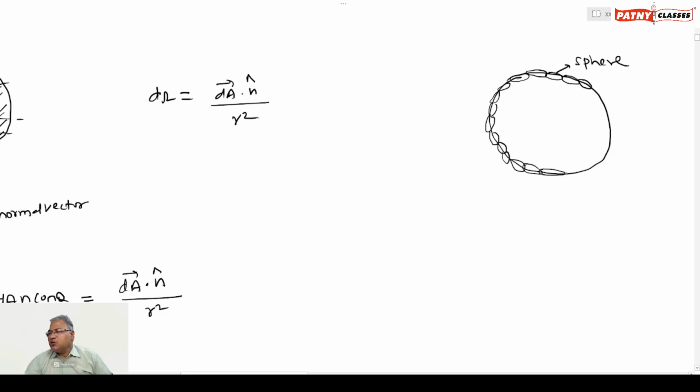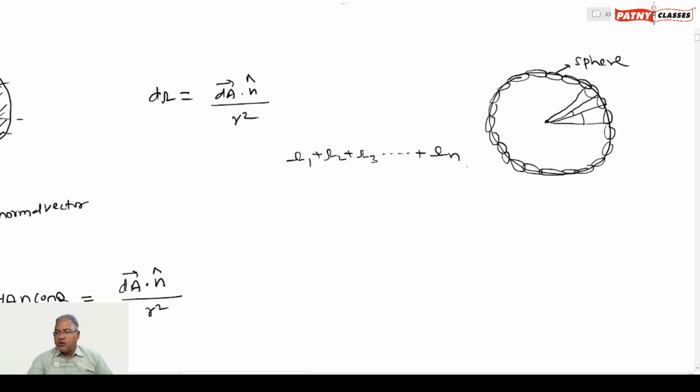So these are all small surfaces, and this is the center. So this is the first solid angle. Let us call it omega 1, and this is the second solid angle. Let us call it omega 2, and this is the third solid angle. Call it omega 3, and so on till the last one, omega n.